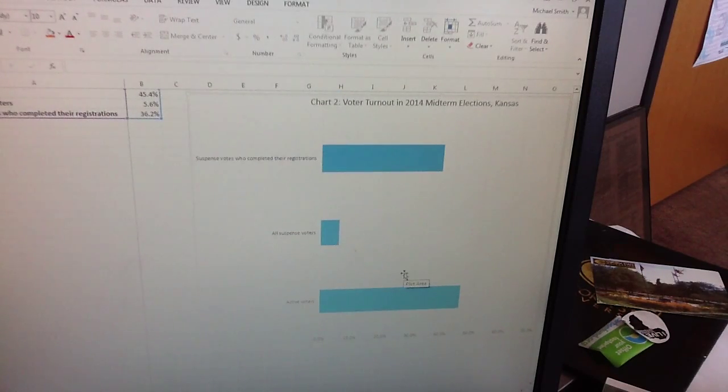So, as you can see, for suspense voters who complete their registrations, the turnout is not too bad, but it's still lower than it is for all voters. But for suspense voters in total, who have to complete their registrations and vote, the turnout rate, 5.6%, is pretty dismal.